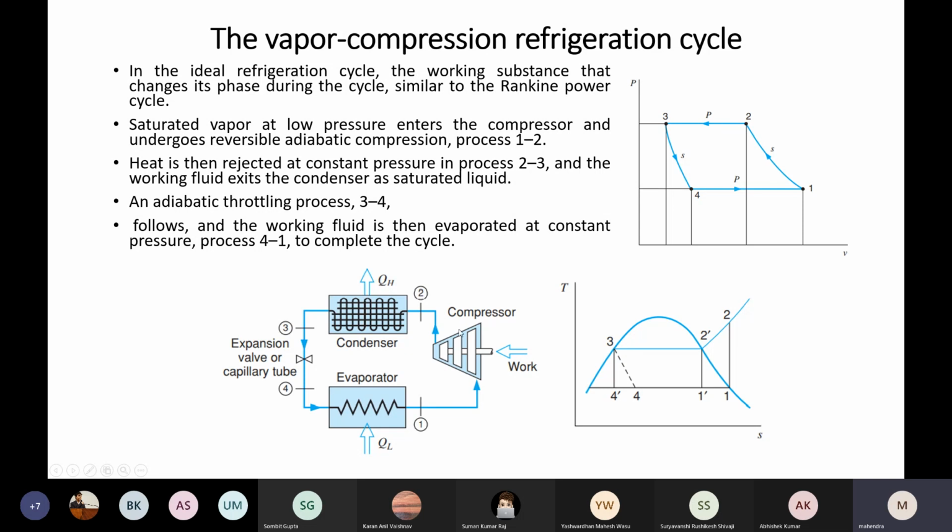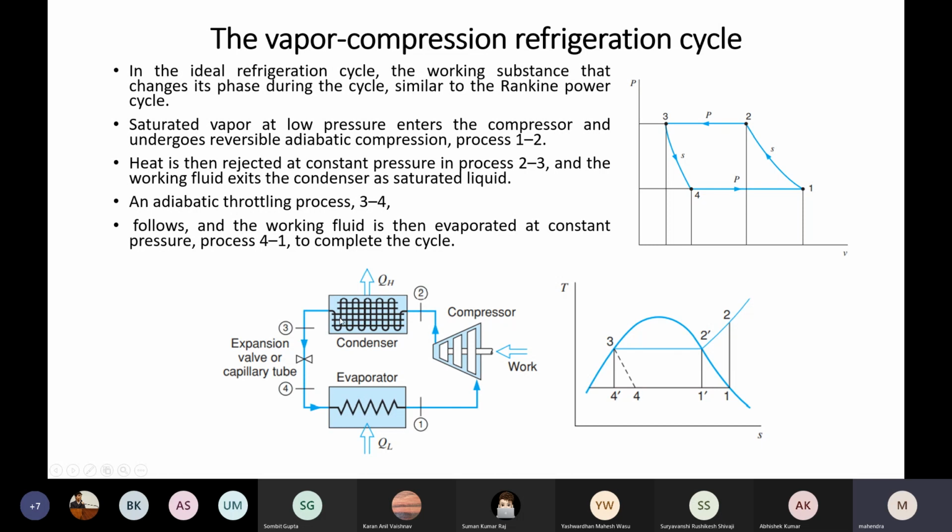What is happening over here? If you see, saturated vapor of the refrigerant is entering the compressor. That is compressing it to high pressure. Since it is vapor, its temperature also increases. Then that high temperature, high pressure vapor reaches the condenser.